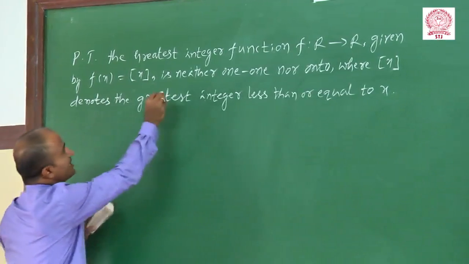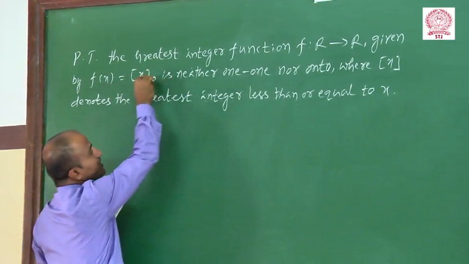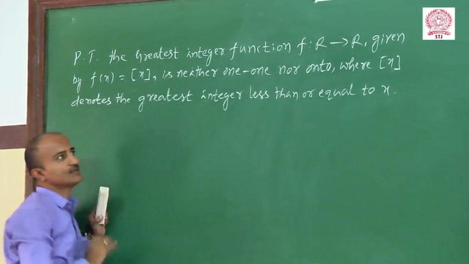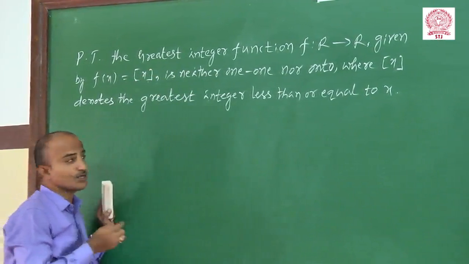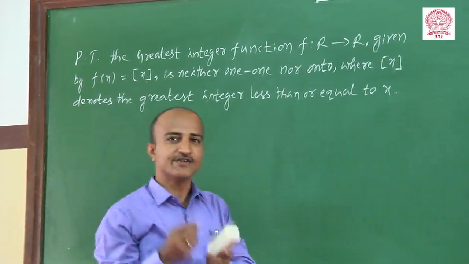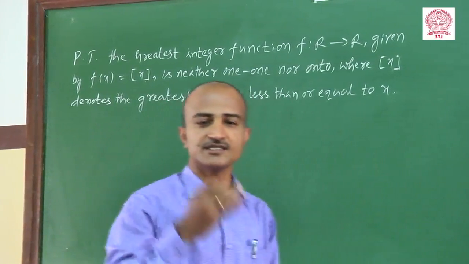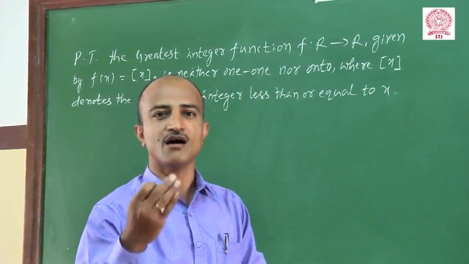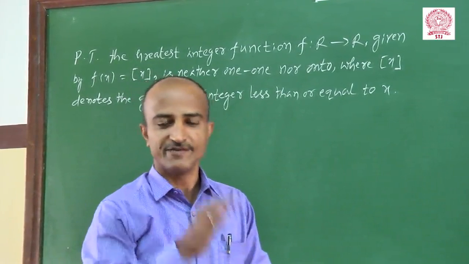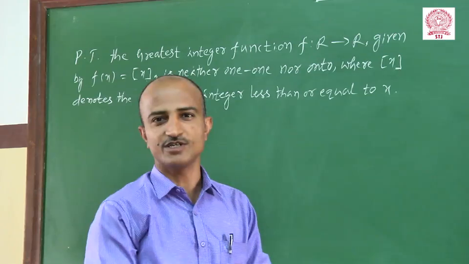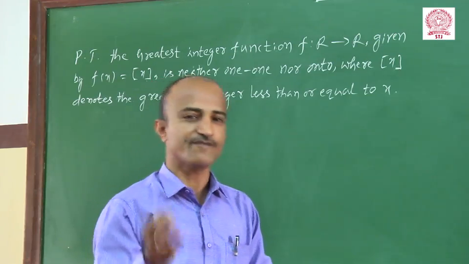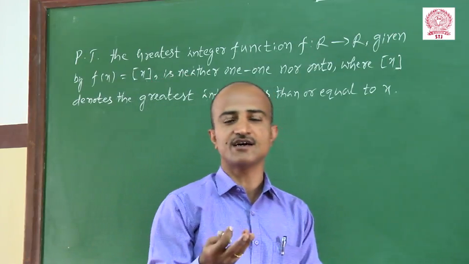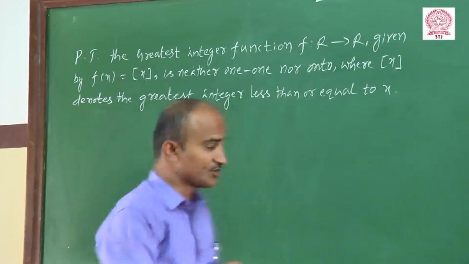See, here we need to show that the given function is neither 1 to 1 nor onto. So to prove that, we need to examine whether the function satisfies the 1 to 1 or onto conditions. If it satisfies, then it is 1 to 1 or onto. If not, then it is not 1 to 1 or onto.